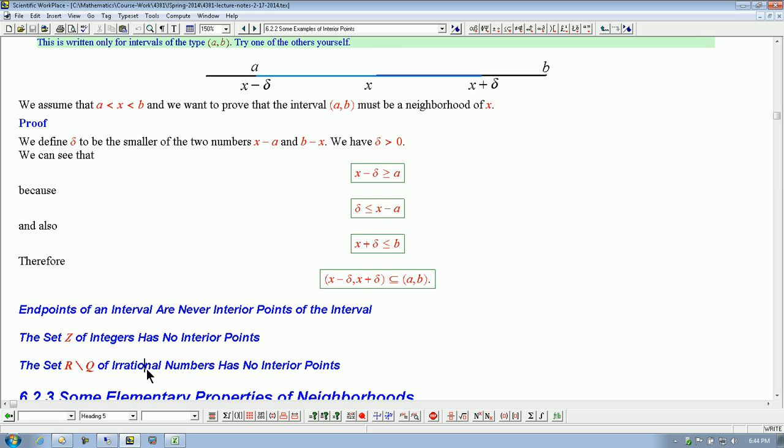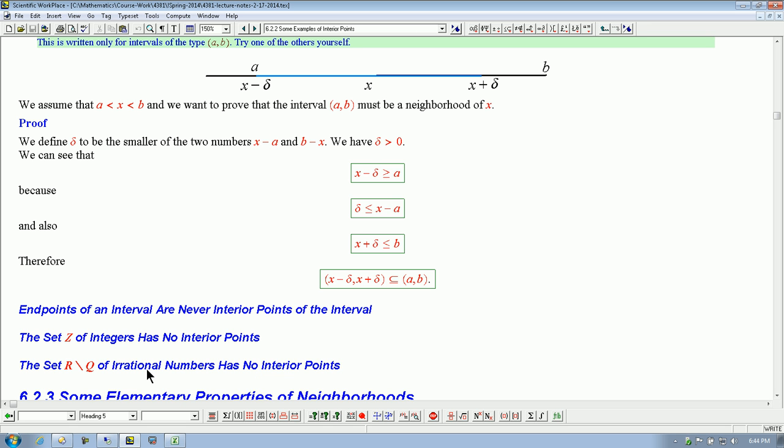It must have that kind of behavior: in order for a number x to be an interior point of a set, there must exist a positive number delta such that the whole of the interval running from x minus delta to x plus delta is a subset of your given set.